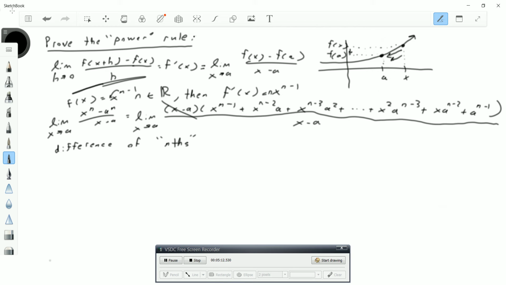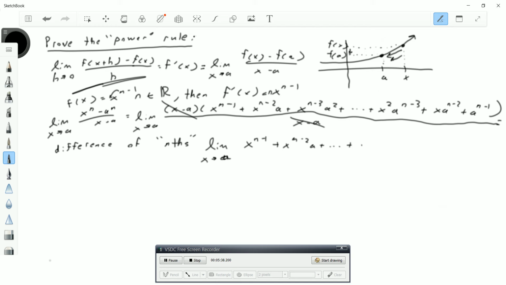So, we get the limit as x approaches a of, now I'm not going to write out all of this. Ooh, that's an a, I swear. As x approaches a of, I'm just going to write x to the n minus 1 plus x to the n minus 2 a plus dot dot dot plus a to the n minus 1.